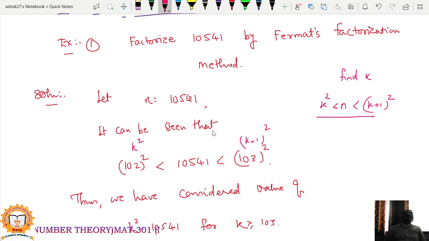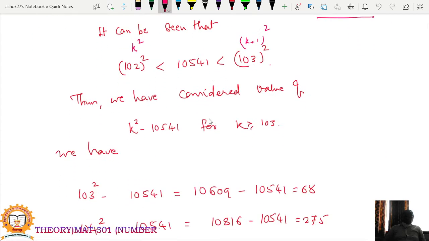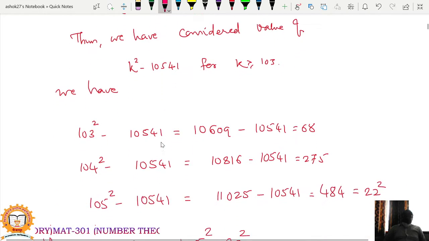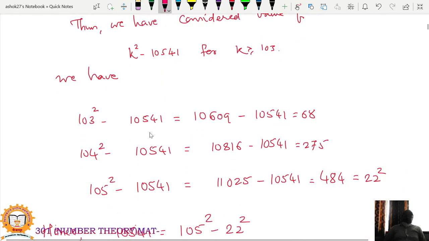Now we consider the value of k square minus 10,541 for k greater than or equal to 103. So here we take values of k from 103, 104, 105 and likewise, and consider this difference k square minus 10,541. For k equal to 103 it will be 68.